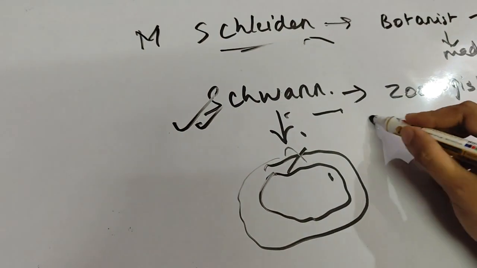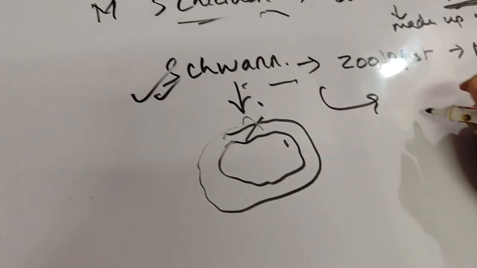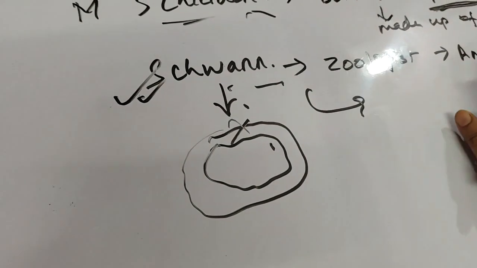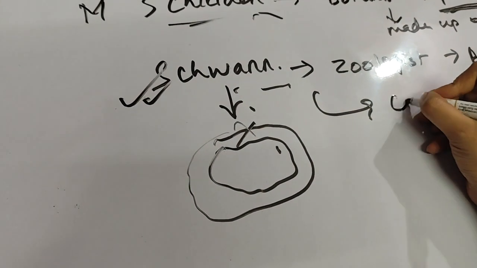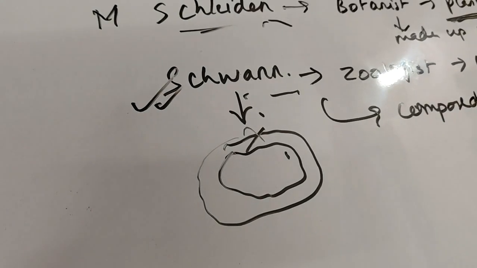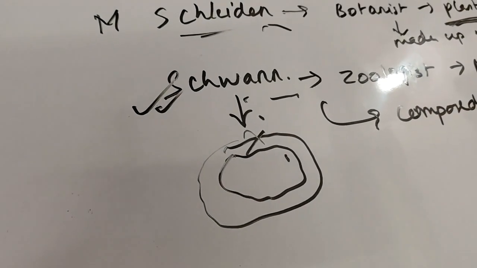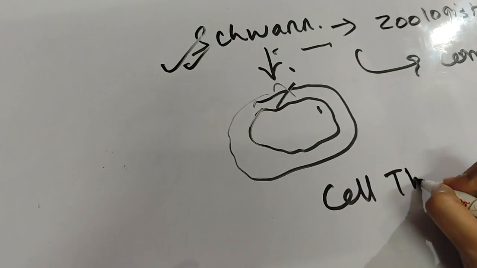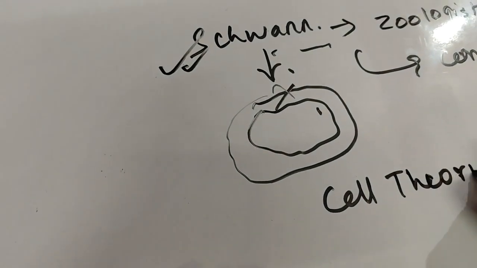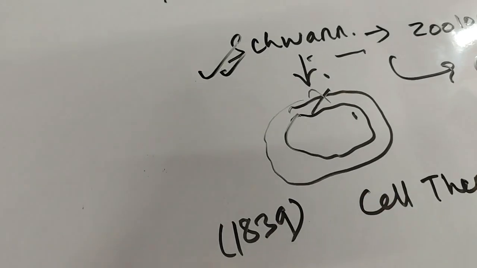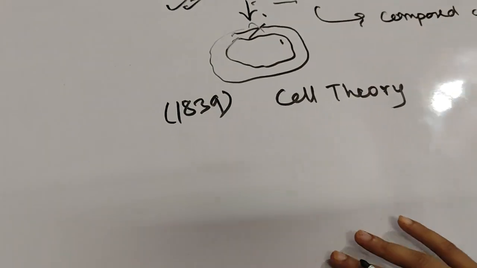Schwann also discovered that all the animals were composed of cell, and they both jointly proposed cell theory. They formulated the cell theory in 1839, the Schleiden and Schwann theory.